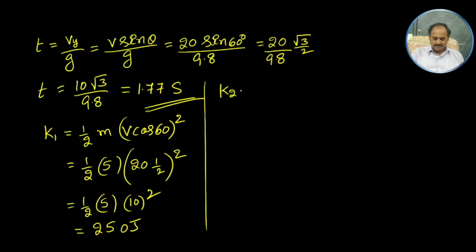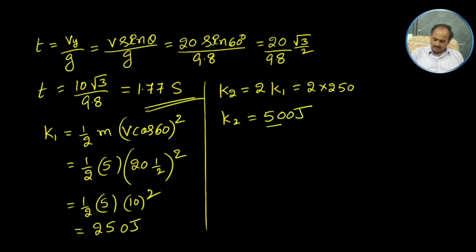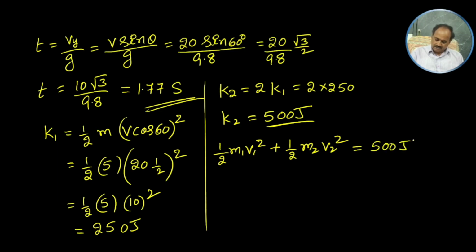Then the final kinetic energy equals 2 times the initial kinetic energy, that is 2 into 250, so K2 equals 500 joules. That K2 is equal to half m1 v1 square plus half m2 v2 square, since they are traveling horizontally. It must equal 500 joules.